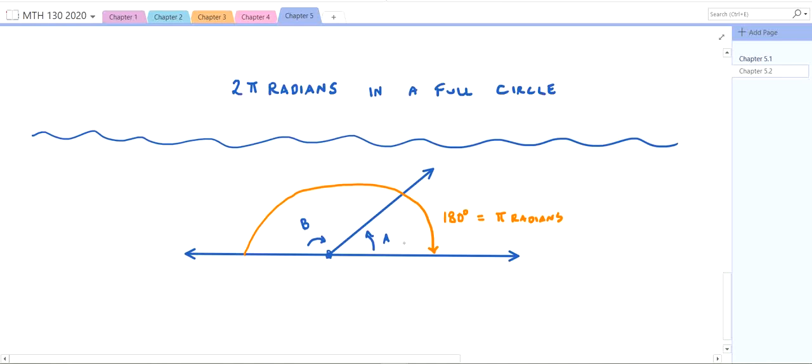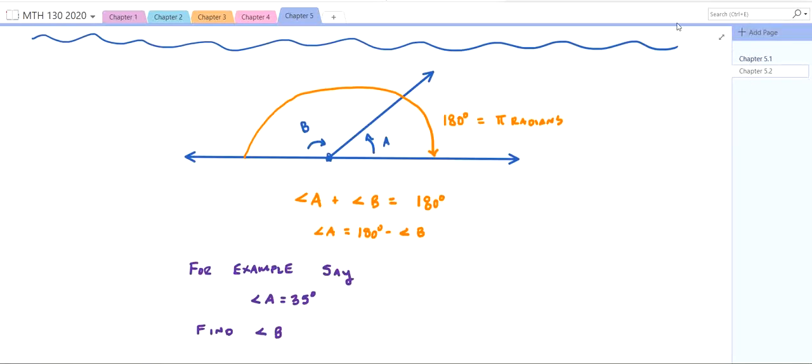If I know angle A, I can add it to angle B, and I will end up with 180 degrees. So I could find angle B if I knew angle A by just taking 180 degrees and subtracting off angle A. So let's say that angle A here is 35 degrees.